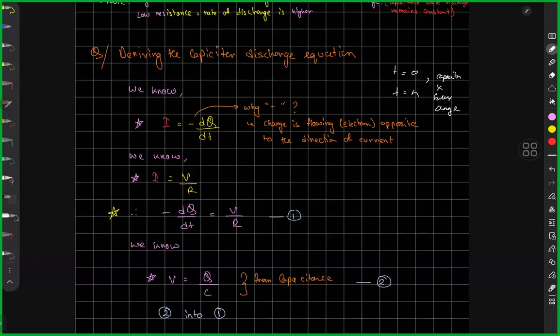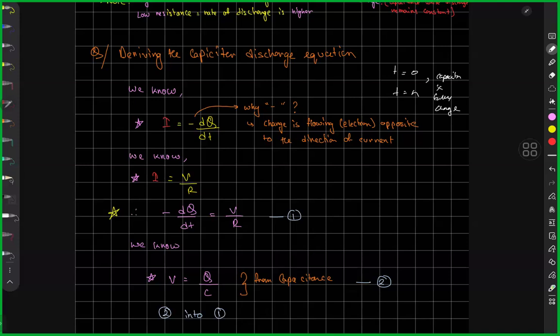The first thing we will do is we know that current can be explained as a negative derivative of charge with respect to time. What does that mean? dq by dt means rate of flow of charge, flow per unit time.